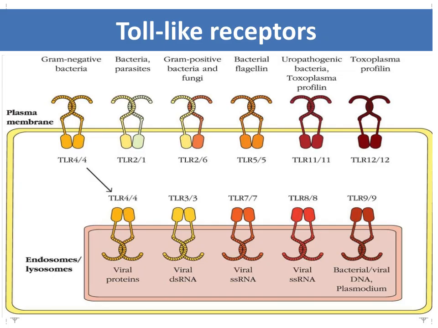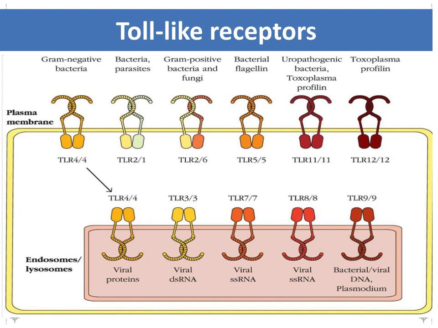The most well-described pattern recognition receptors are the toll-like receptors. And there are various toll-like receptors found on the plasma membrane or on the endosomes. And they recognize various types of components, like TLR4 can recognize gram-negative bacteria, especially endotoxin.